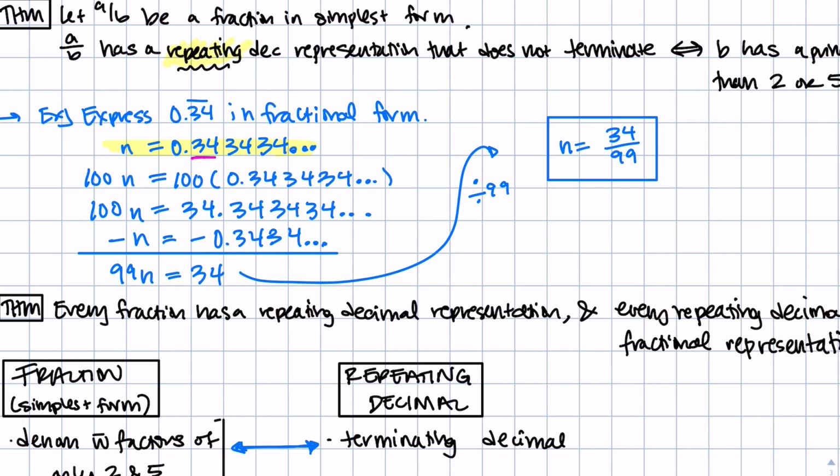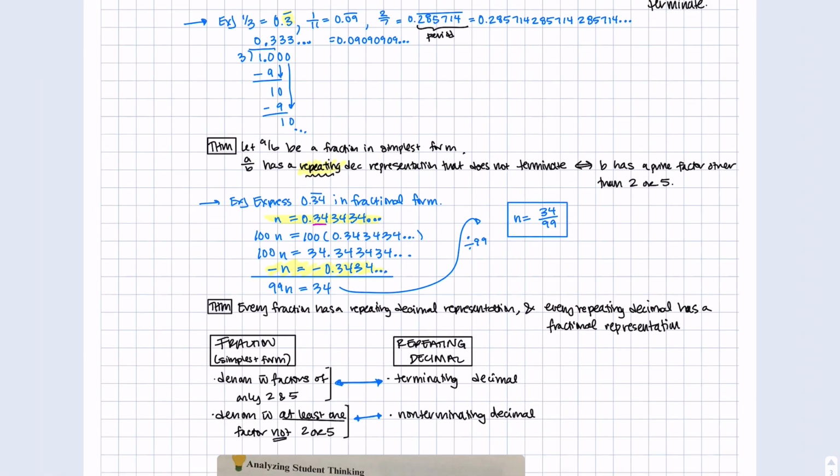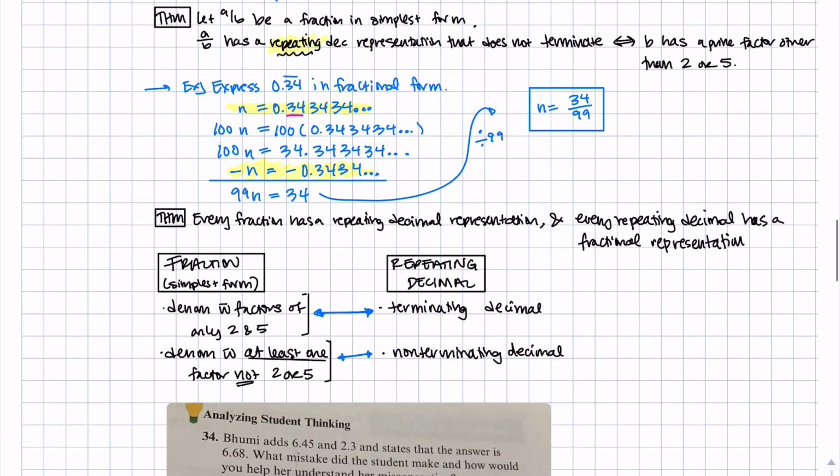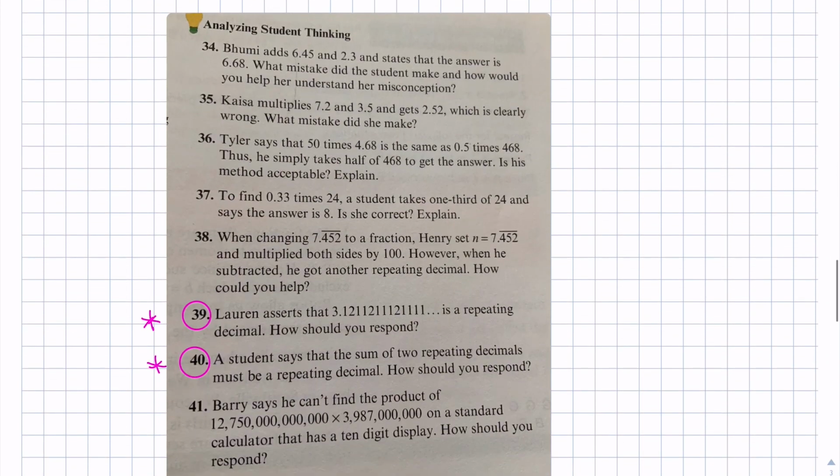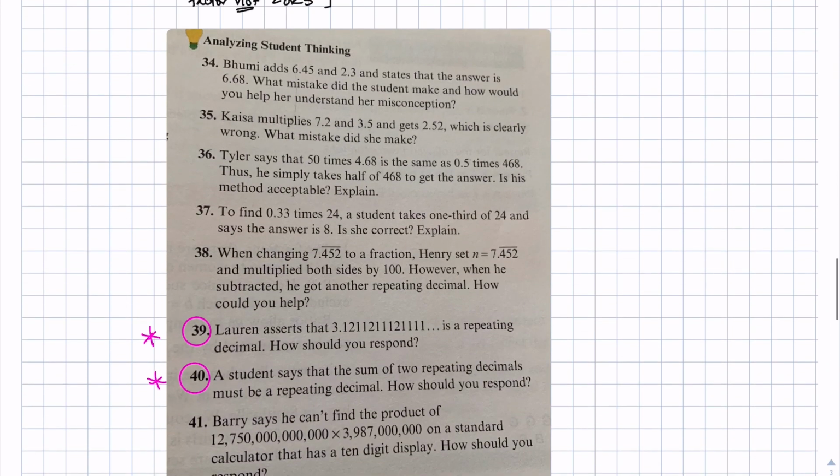When I subtract off n on both sides, it's getting rid of that whole repeating decimal, right? And so I'm just left with a nice relationship between integers. I'm left with 99n is equal to 34, and I just solve for n, and that's my fraction. Okay, so that summarizes these algorithms and decimal representations.